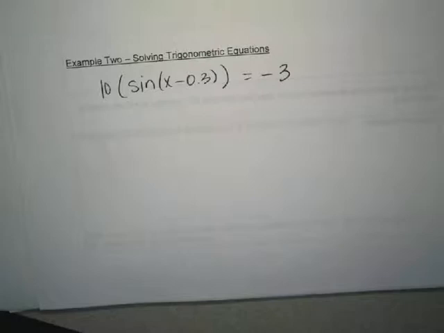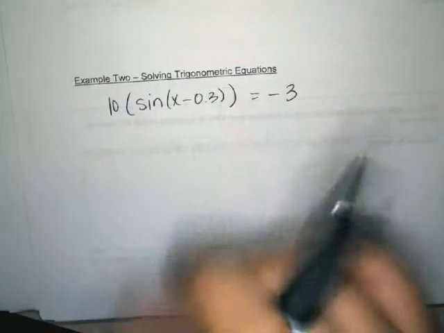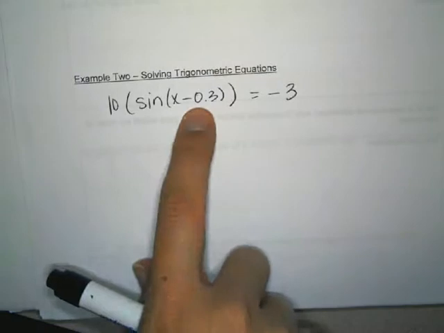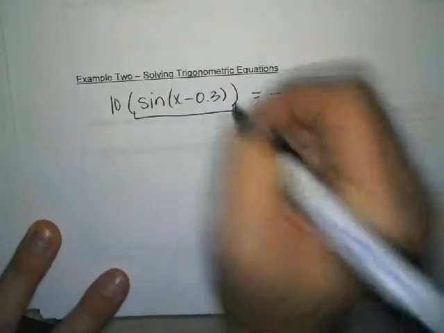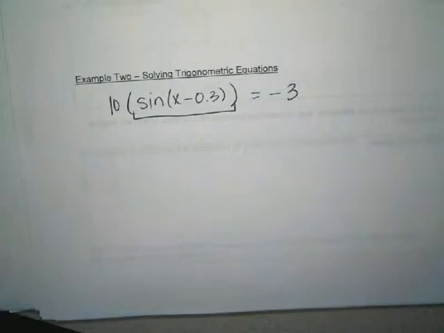So we have to get this sine of x minus 0.3 isolated. What's attached to it? The 10. So how do I get rid of the 10? Divide by 10. Okay. So we know some stuff about this we can do. So, negative 3/10. We also know how to get rid of sine, because we've done problems like this before.